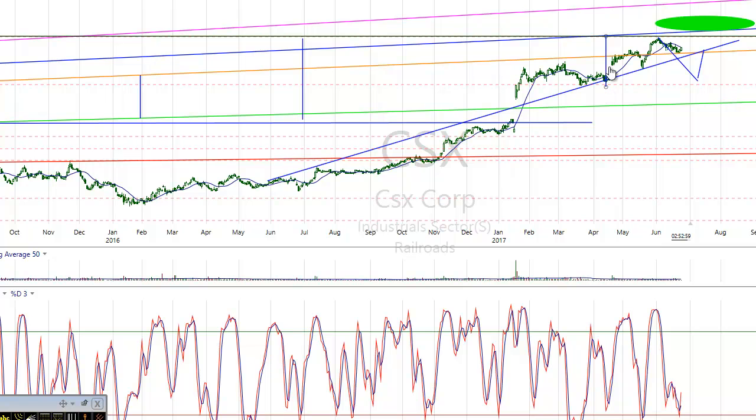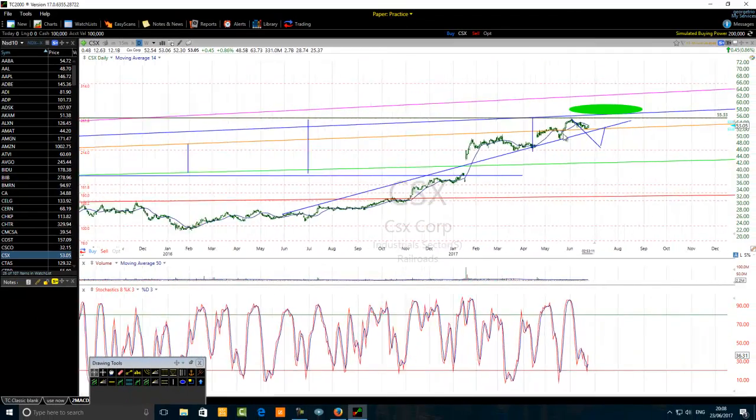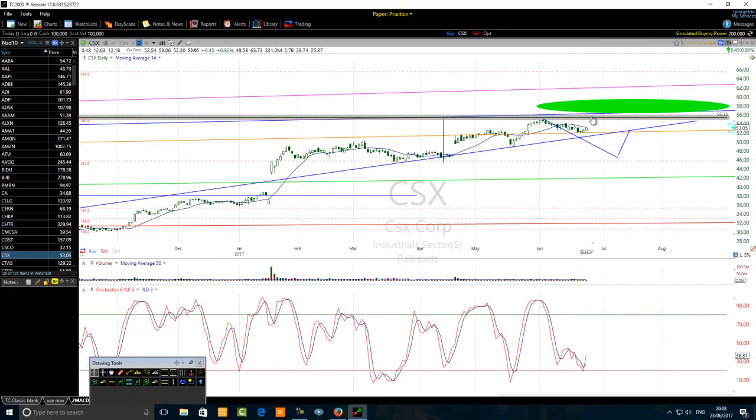Do you agree? Then if it goes up like this to that 55.33, came back down and goes back again to the same zone, that will constitute a consolidation in a triangle.